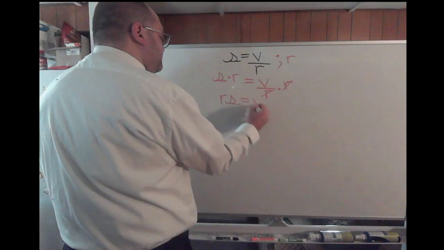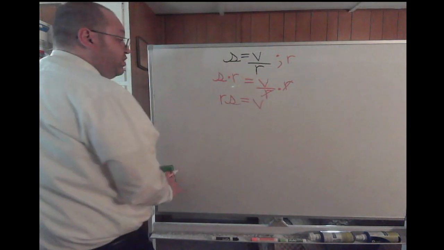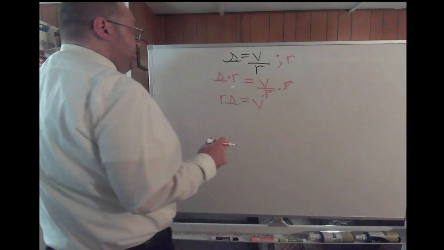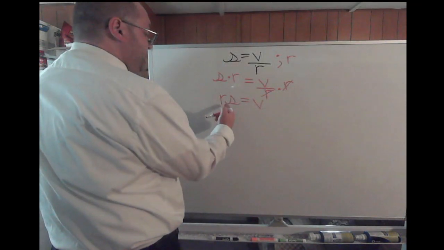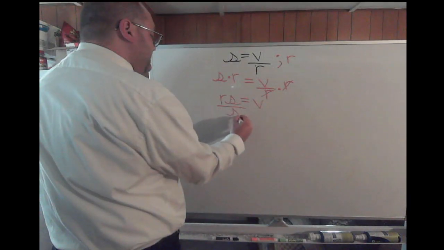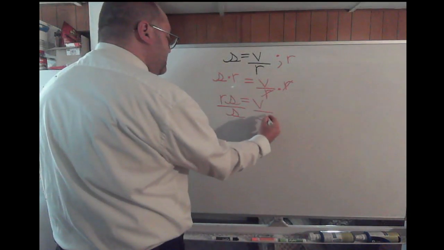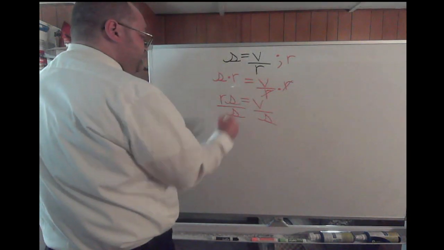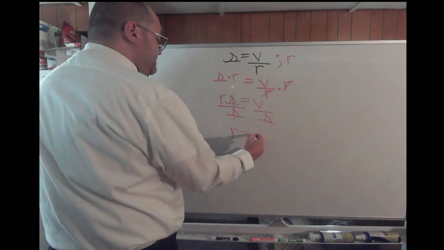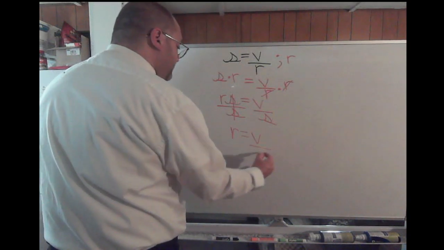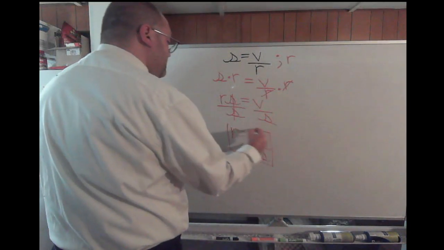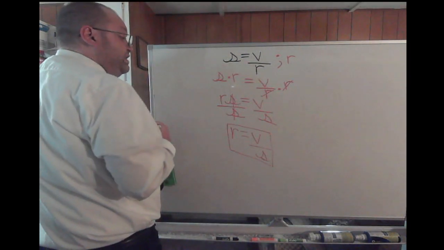That'll be equal to V. Well, we have RS, we want to just solve for R. You got to divide both sides by S. So the left side, the S's will cancel out. You're just left with R is equal to V over S. So R equals V over S.